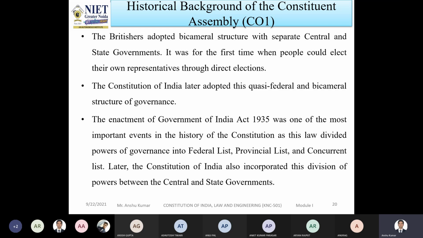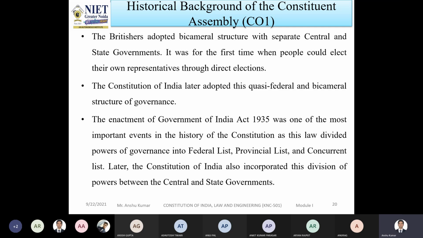And the Constitution of India later adopted this quasi-federal. It's not completely federal, it's quasi-federal. That means most of the power is with the state and the residual power is reached to the union.